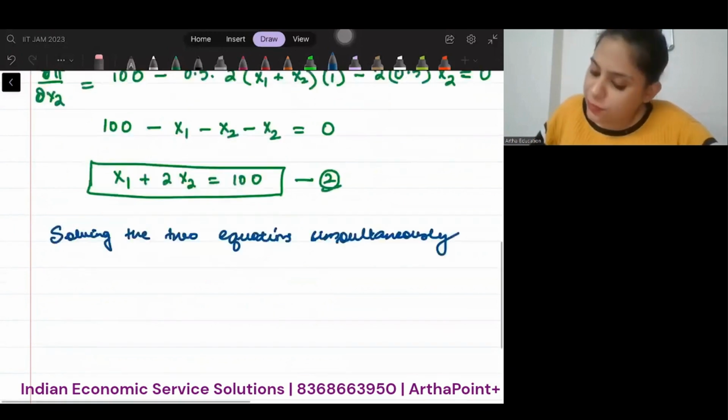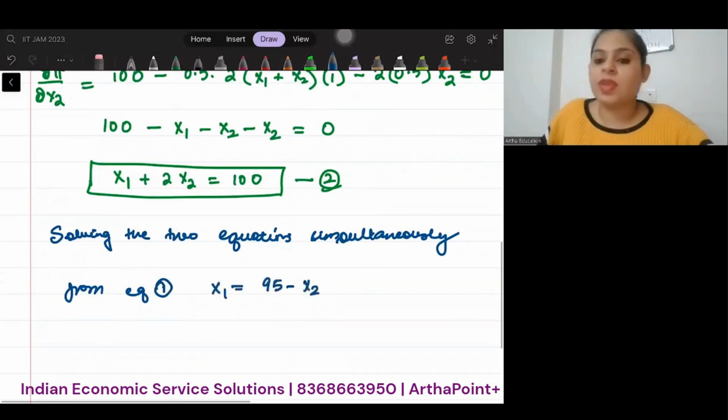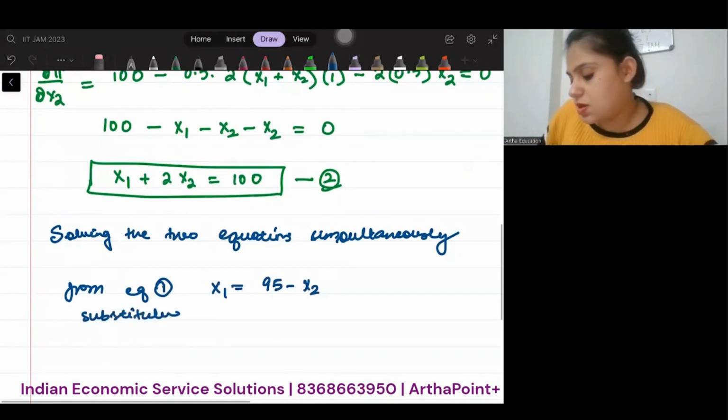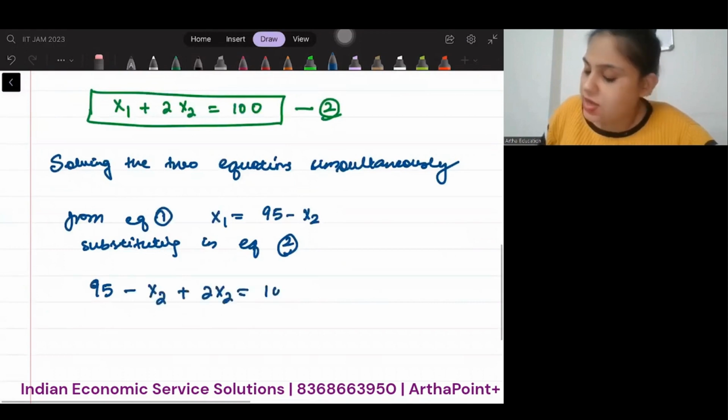So what will you have? From equation 1, your x1 will be 95 minus x2. Put this in equation 2. Substituting in equation 2, you will get 95 minus x2 plus 2x2 is 100. x2 will be 5.